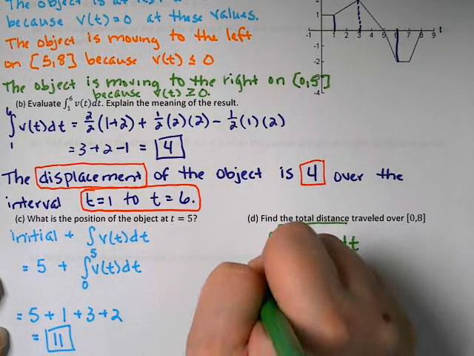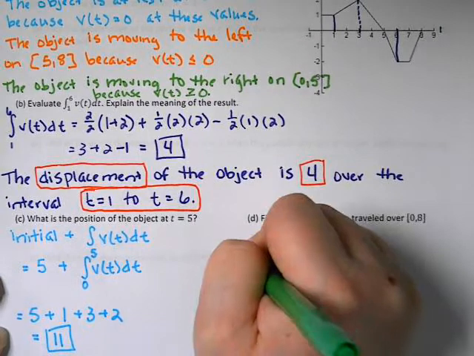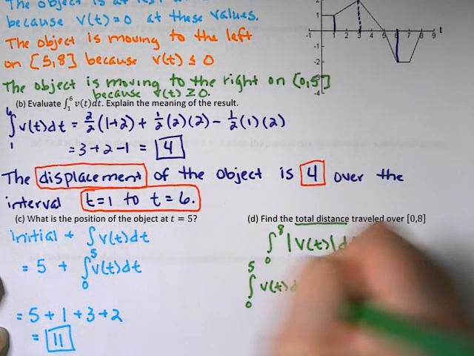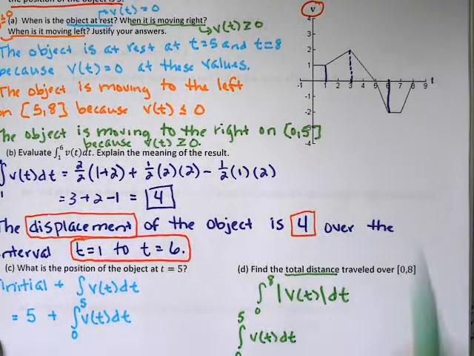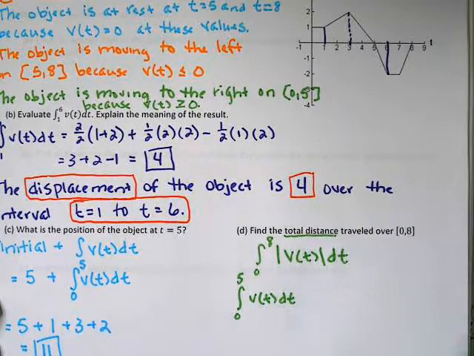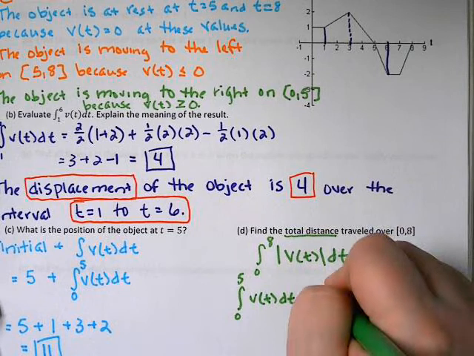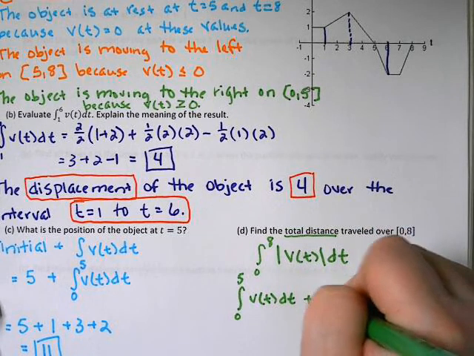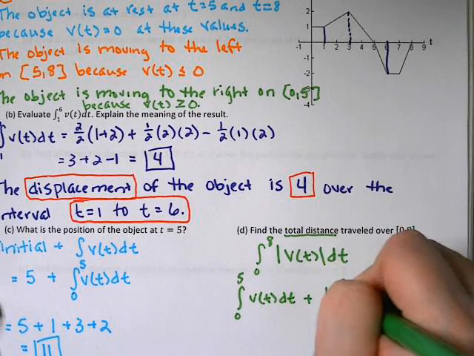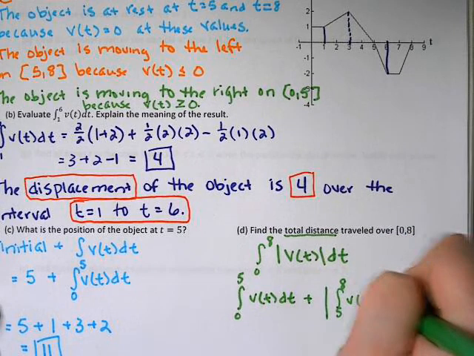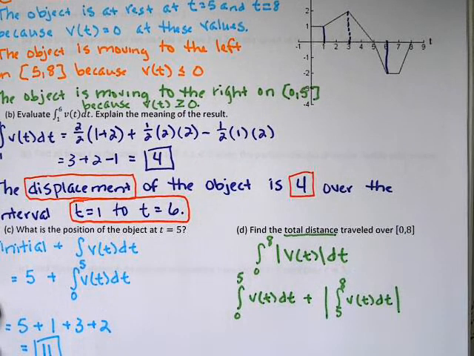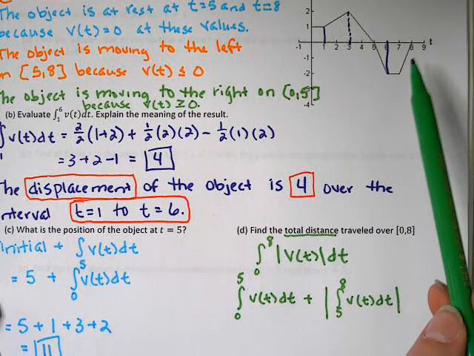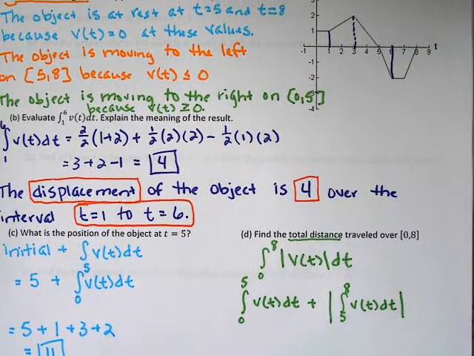I'm going to break this up as the integral from 0 to 5 of v of t dt, because from 0 to 5, I'm above the x-axis, and then plus the absolute value of the integral from 5 to 8 of v of t dt. The reason I did that is because from 5 to 8 is where I have a negative velocity, so if I just take the absolute value of that, I'll be good.